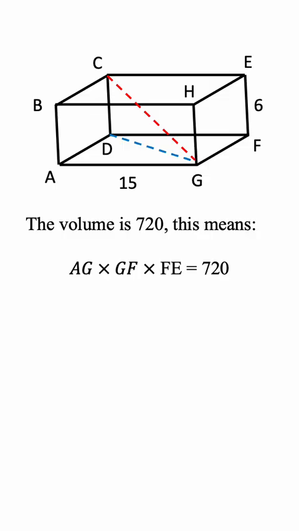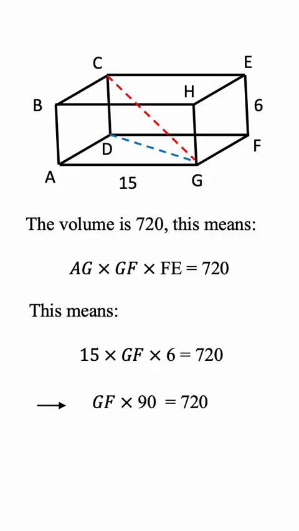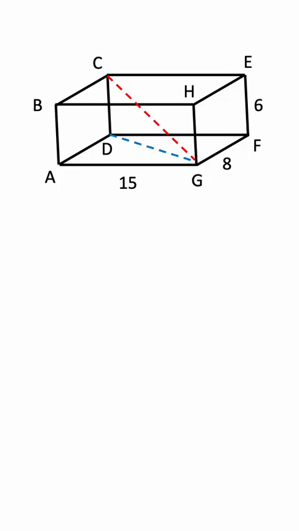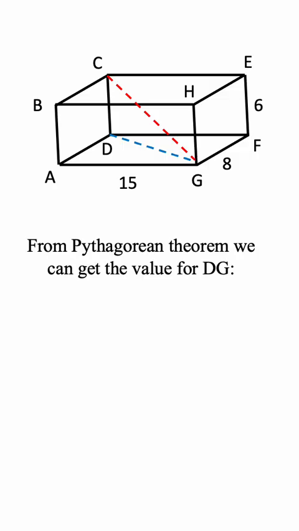We know the AG value is 15 times GF, and the FE value also is 6. So by solving this equation, we can easily find GF equal to 8.